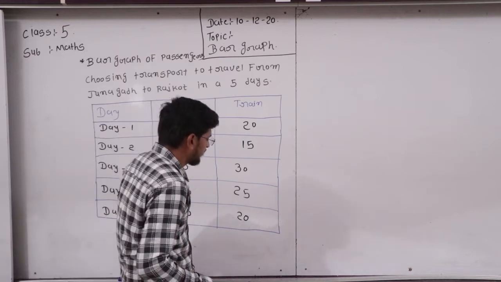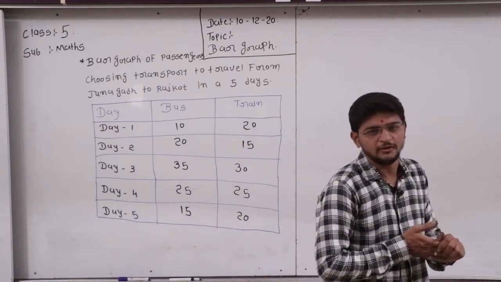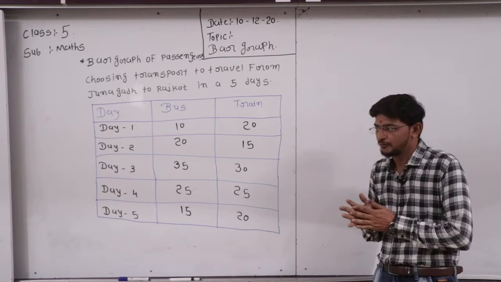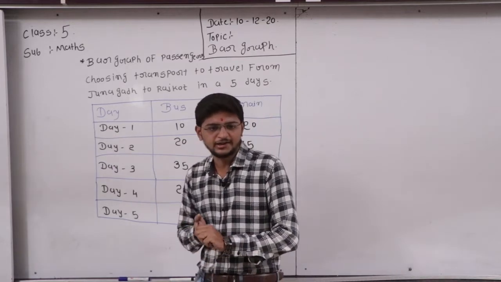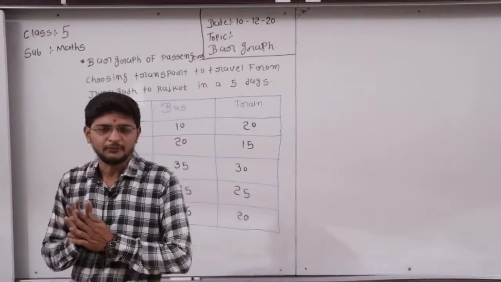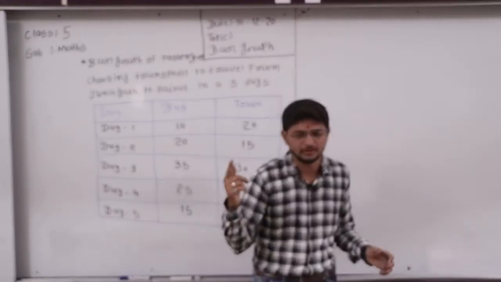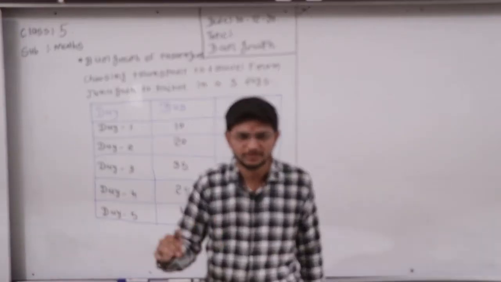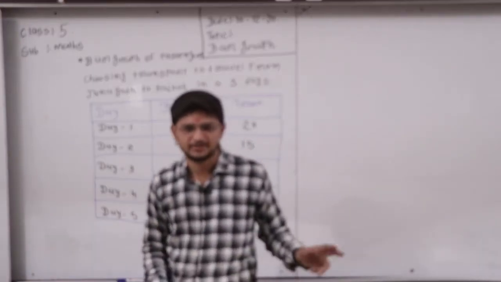Now, what do we do now? Now we want to draw one bar graph of this information, right? First, how many axes in this bar graph? Two axes. One is the x-axis, a horizontal line, and second is the y-axis, a vertical line, right?